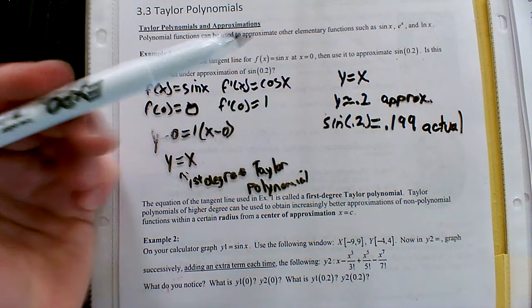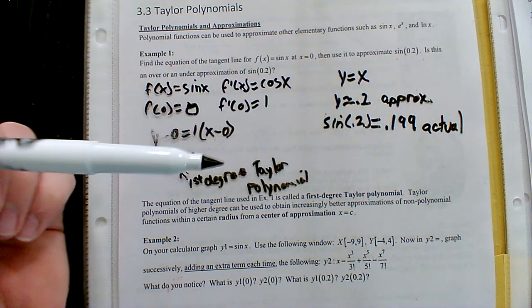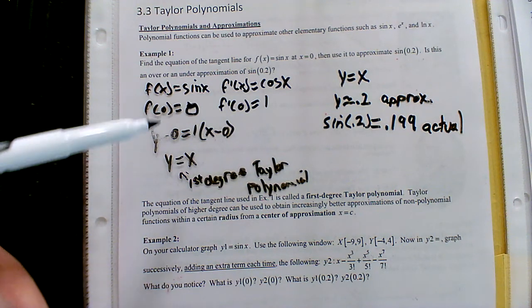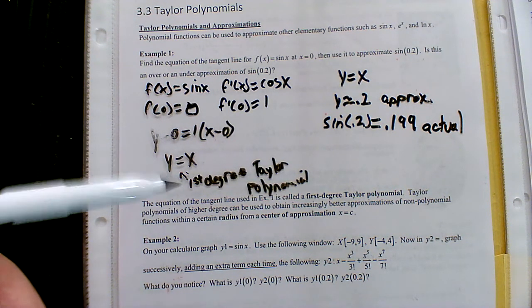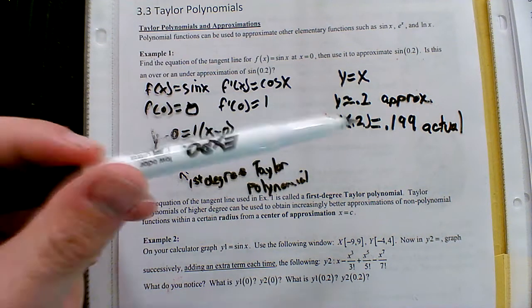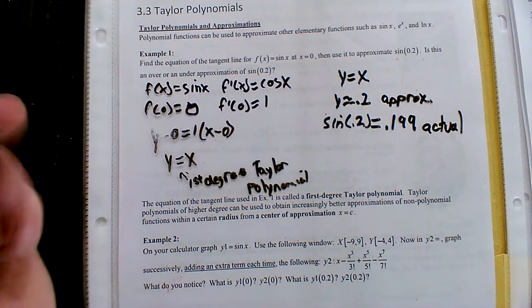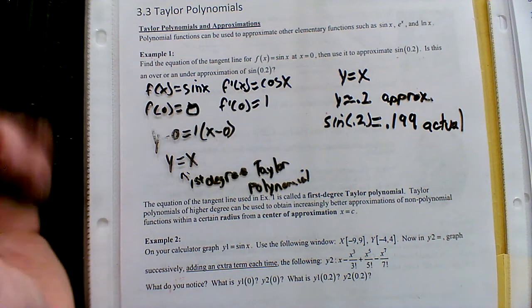Can we see that the approximation was pretty close to the actual? Remember that was using the first degree Taylor polynomial, which is just a line, so we're using that line to approximate it. The approximation was close at 0.2, but it was a little bit off. Not far though.